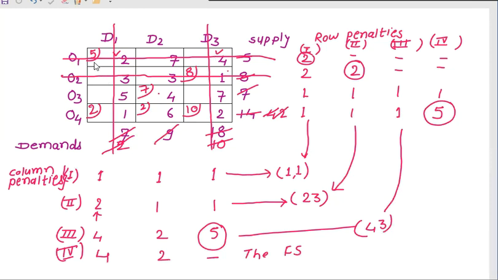What is the row sum restriction? 5 plus 0 plus 0 is equal to 5, 0 plus 0 plus 8 equal to 8, 0 plus 7 plus 0 equal to 7, 2 plus 2 is 4, 4 plus 10 is equal to 14. That is the supply available at the fourth factory. That is, 14 units are transported and 14 units is the available quantity at the fourth factory.